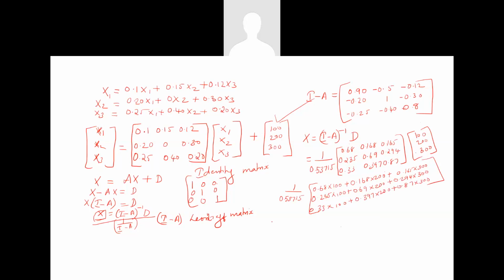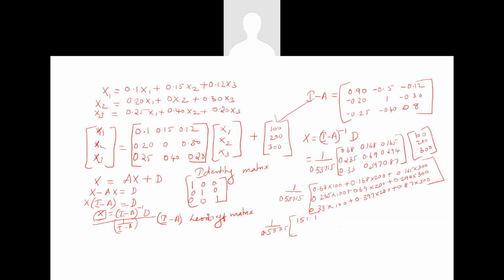Okay, then again you can retain 1 by 0.53715 into this. When you add up the first row, you get 68 plus 33.6 plus 49.5, which is 151.1.